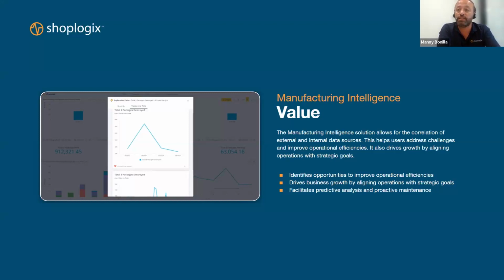The efficiencies and the speed to getting to data insights and driving opportunity identification is where the value really hits home for Shoplogix with manufacturing intelligence. And again, on top of that, you'll be able to use machine learning algorithms to uncover those insights for you as well.